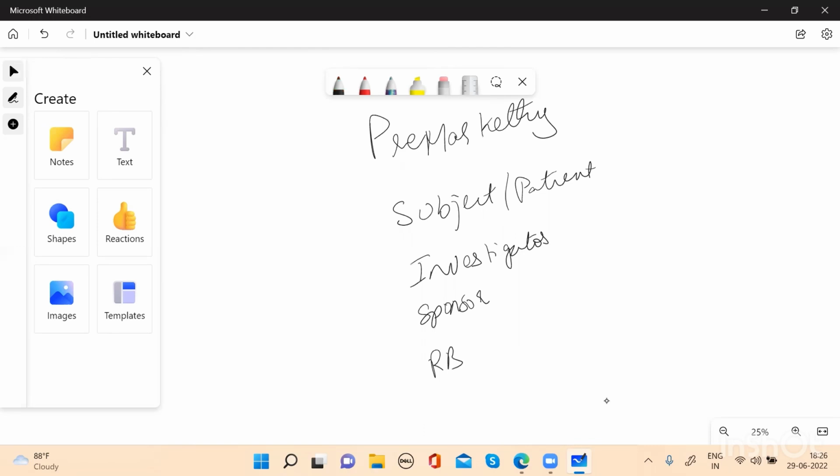The adverse event happens at the subject level.